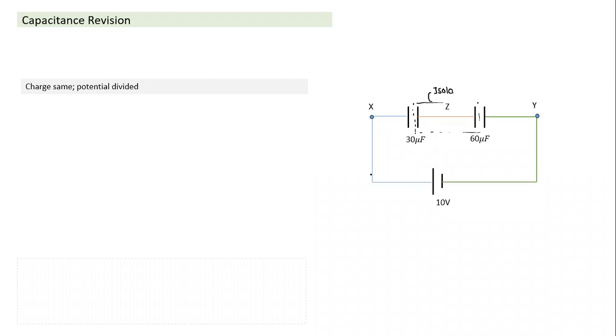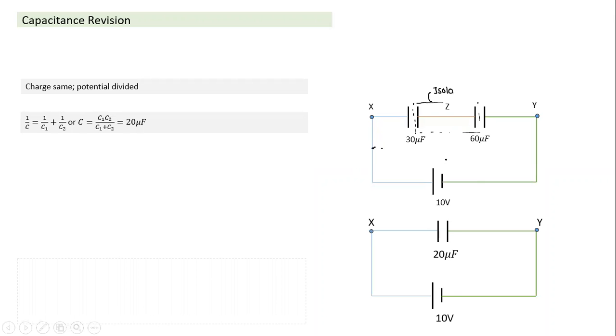And when we connect a battery here, potential is divided. If I calculate the potential difference across the first capacitor and the second capacitor, the sum of the potential drops will be equal to the external potential drop. In case of series, we know the formula is 1 by C equivalent equal to summation of 1 by C, and we can find the equivalent capacitance here.